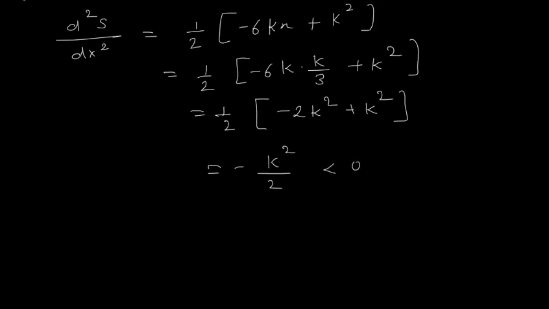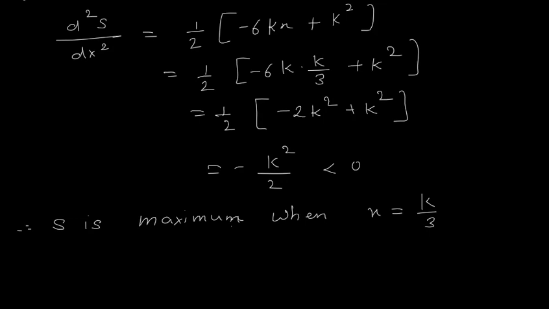Now as this value is less than 0, it indicates that s is maximum when x is equal to k upon 3, right?